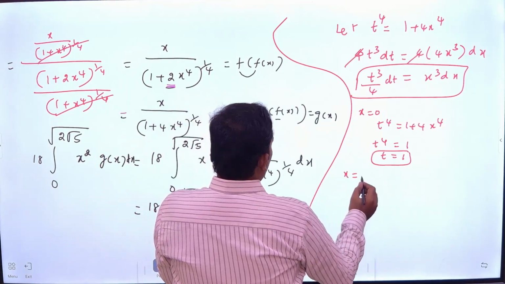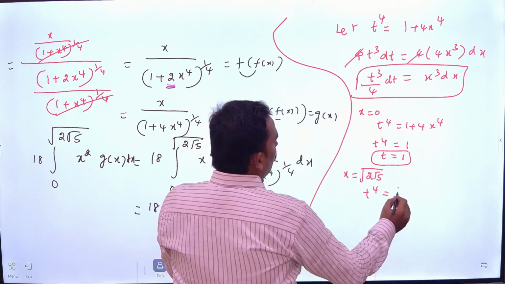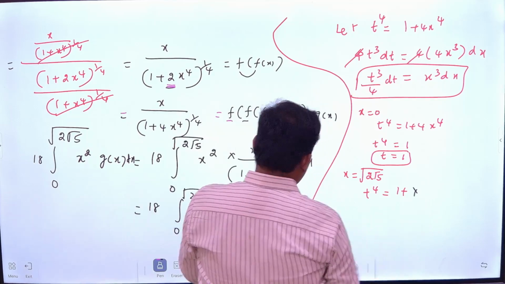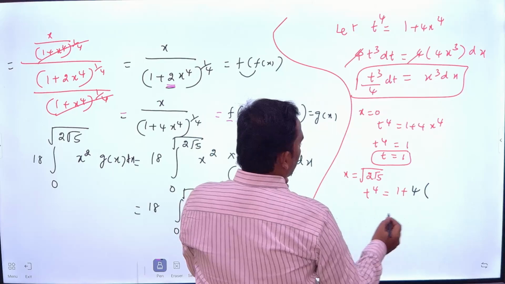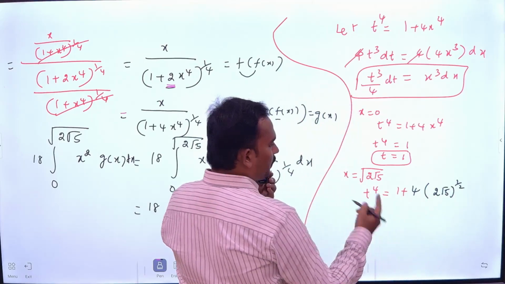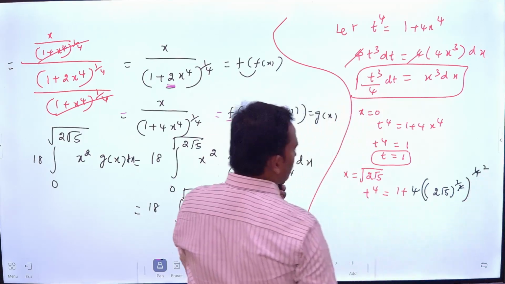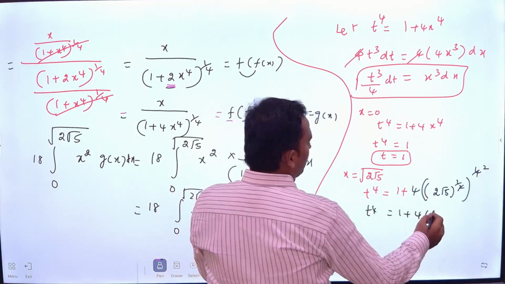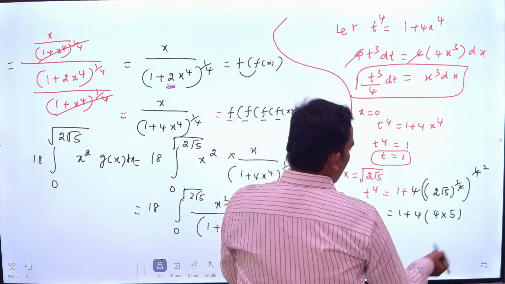Suppose x is equal to square root of 2 root 5. What is t power 4? 1 plus 4 into x, which is (2 root 5) whole power 1 by 2, whole power 4. Square root means power 1 by 2, so we get a power of 2. So t power 4 is equal to 1 plus 4 into 2 square, which is 4, root 5 square is 5.